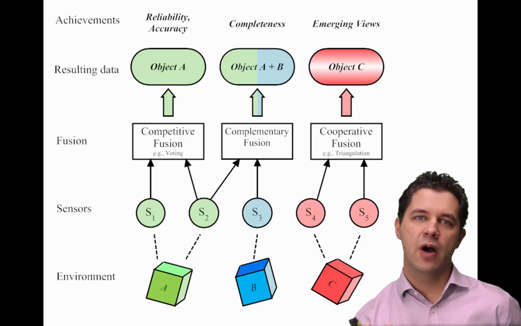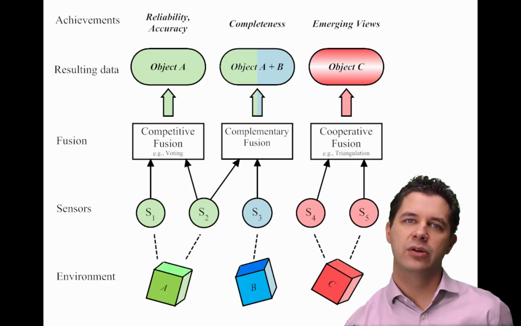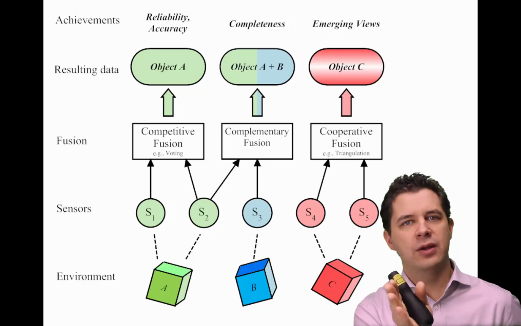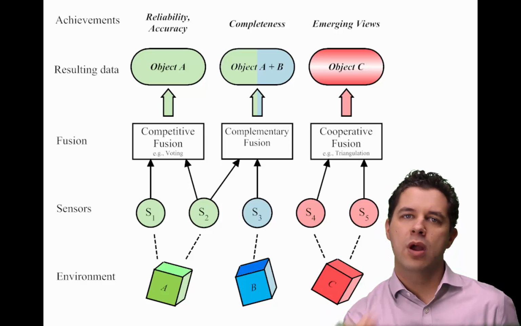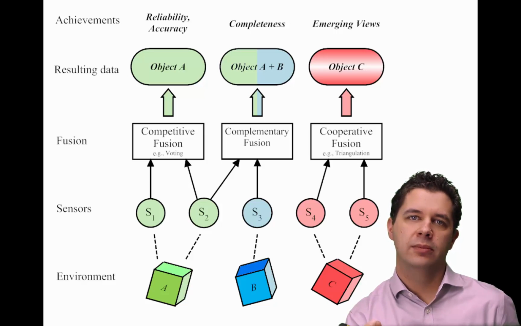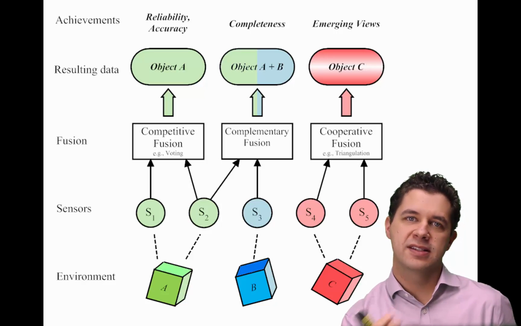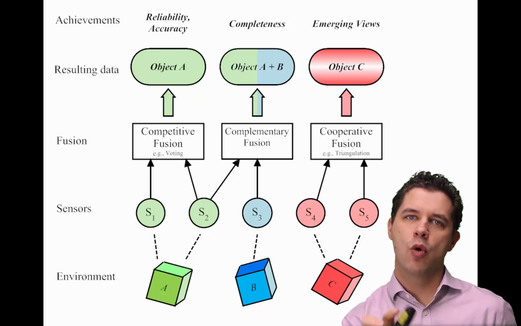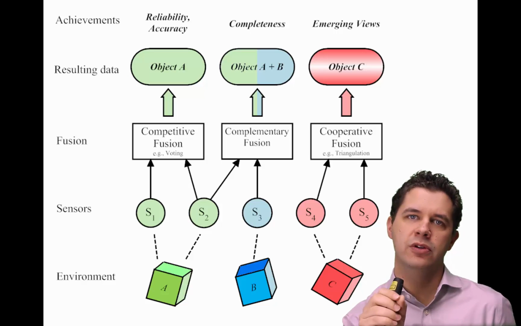The laser rangefinder will give us great results, very accurate results, and even good results when we're coming up to acute angles where the ultrasonic sensor would bounce off. But it won't perform particularly well on surfaces that are non-reflective or surfaces that are see-through. Our ultrasonic sensor will. Our final one's our cooperative one, where we have the same sensors, but we get some emerging views.